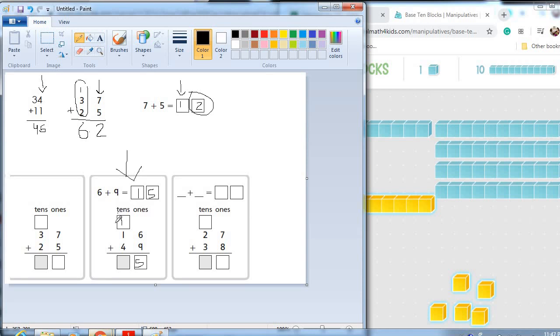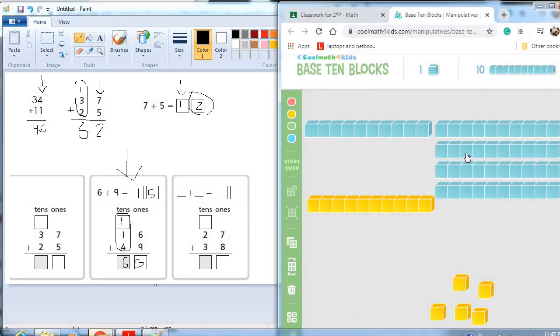Then I add all of these numbers together. Y ahora yo tengo todos estos números. 4, 5, 6. And I double check. 1, 2, 3, 4, 5, 6. 65. Muy bien.